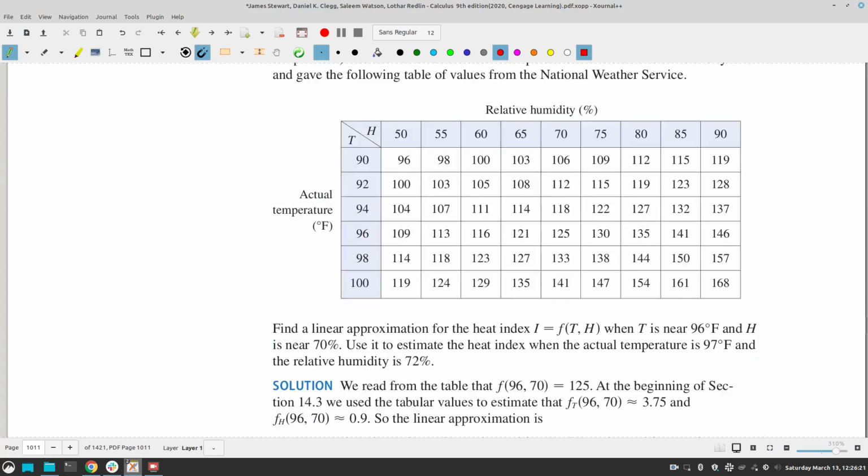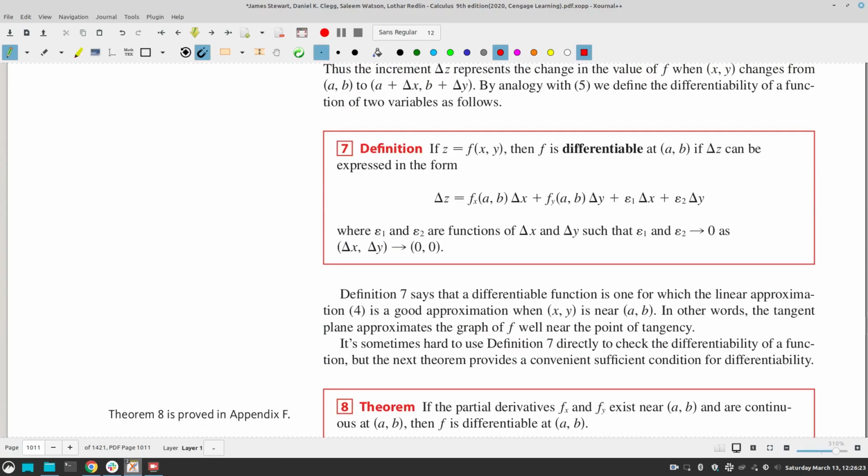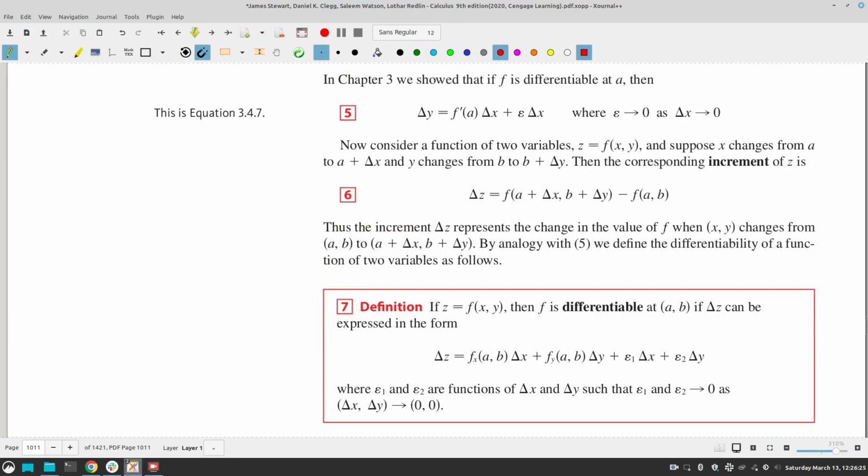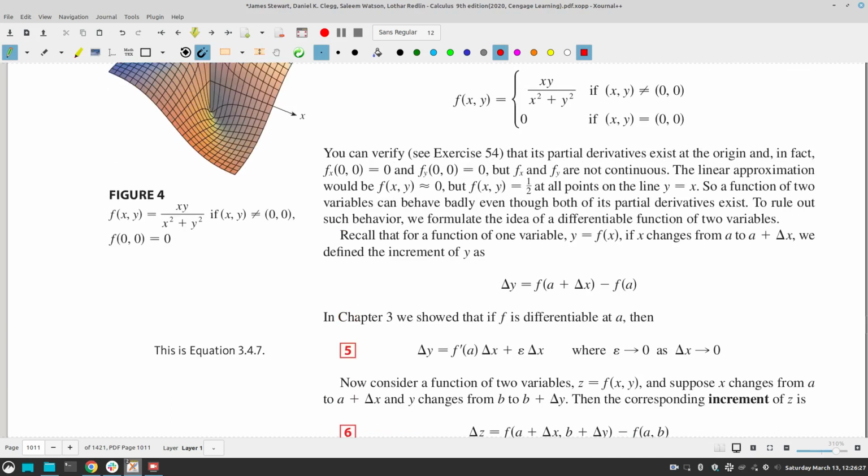Right, so usually, when you talk about differentiability, what is the definition of differentiability for one variable?